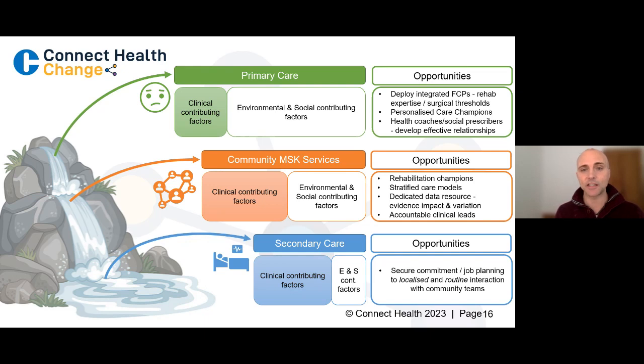But where they don't exist, they need to be the champions that influence the decision makers within primary care to the value and the need of those roles. So they need to be the people knocking on the clinical director's doors saying, look, I've got these patients with these needs and I can't do anything with them because we don't have the right workforce in primary care. So for me, that's the greatest opportunity in primary care to help improve that flow of patients and optimize that care at that point.